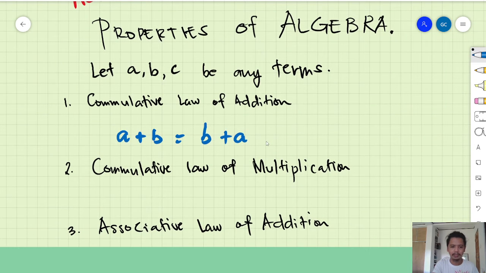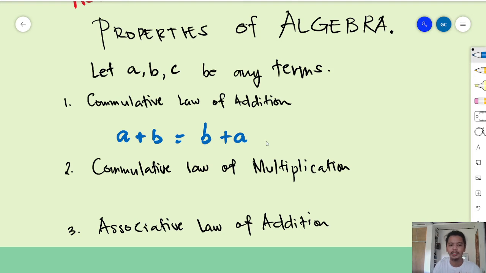And another concept is commutative law of multiplication. So for commutative law of multiplication, if we are to multiply A times B, this is just the same as saying B times A. Kung ganun lang din sa example natin kanina, ito ay sa multiplication lang, pwede natin siyang pagbaliktarin.